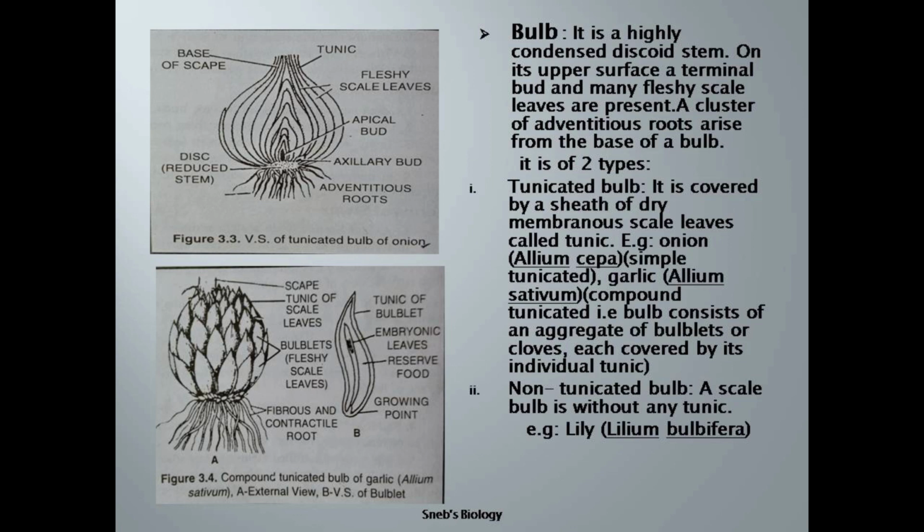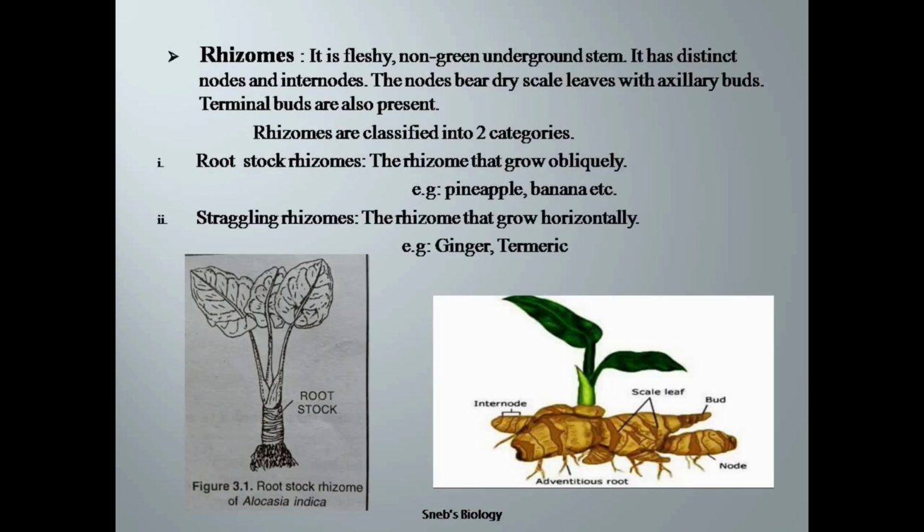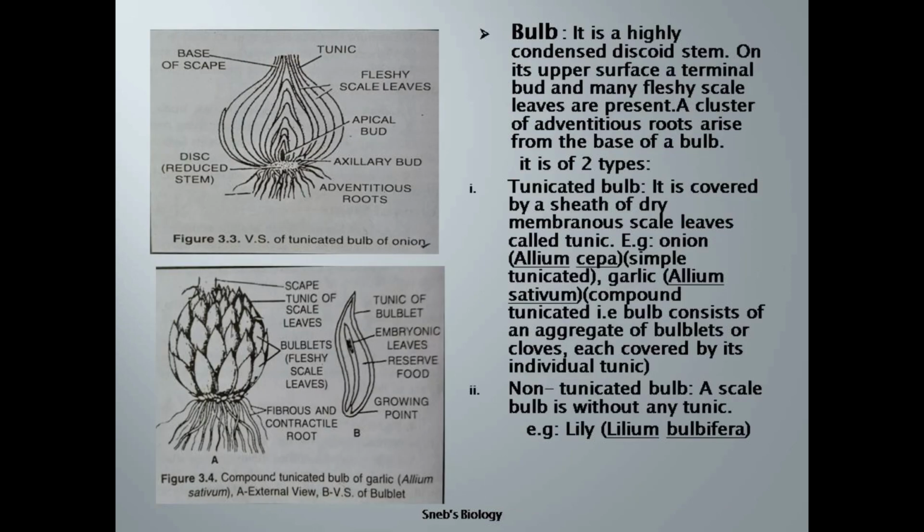So these are the underground modifications of stem. Of the 4 modifications, 3 are swollen and modified for storage of food: tuber, rhizome and corm. In the case of bulb, the stem has become compact so that it is able to support these fleshy leaves.